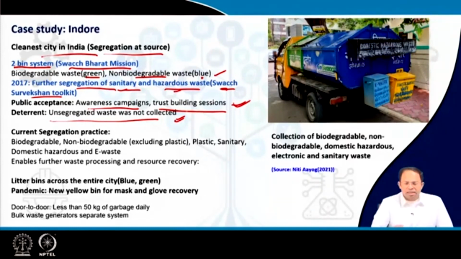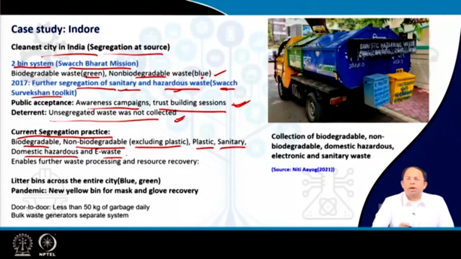So over here, you can see that the current segregation practice in Indore is to have biodegradable waste, non-biodegradable waste which excludes plastic, then plastic waste in a separate container, sanitary waste, domestic hazardous waste, and e-waste. So these are all separate waste streams being collected by the municipality.